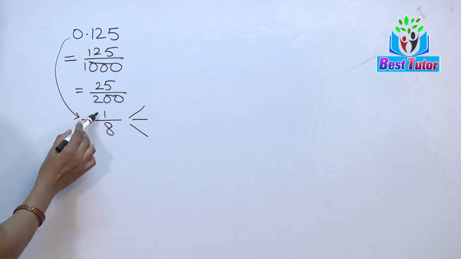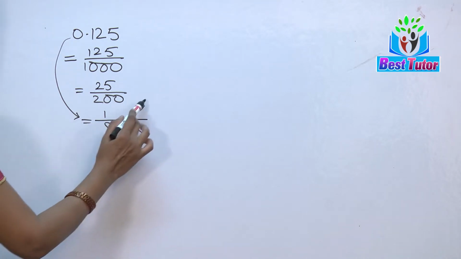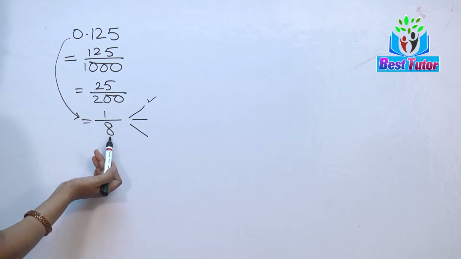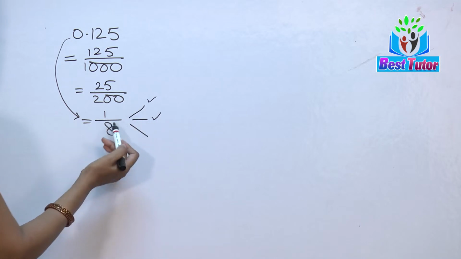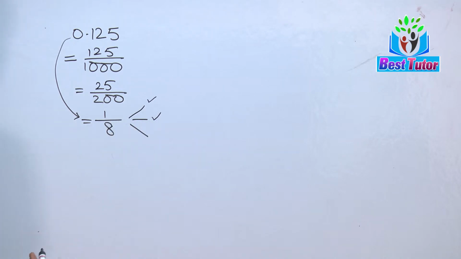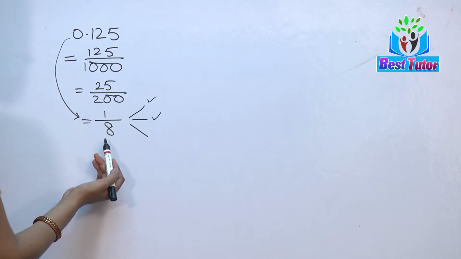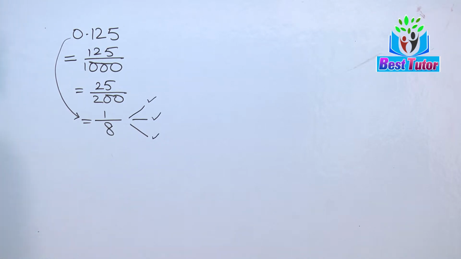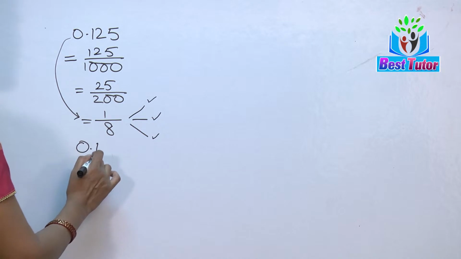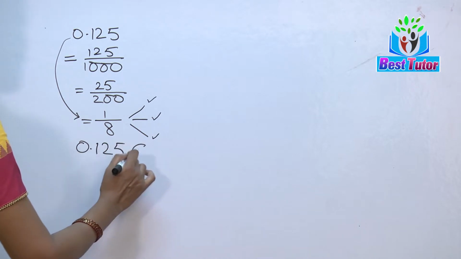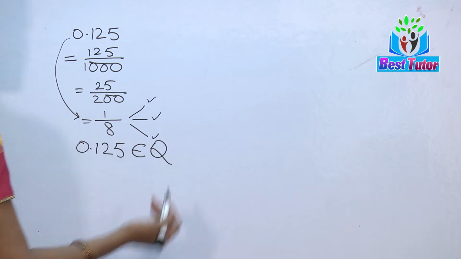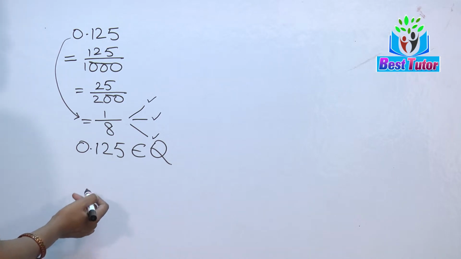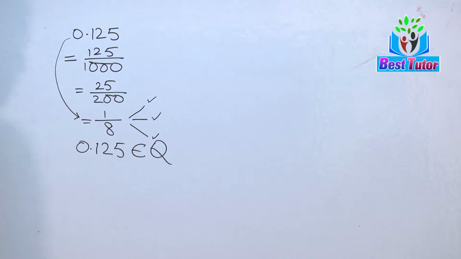The first one, it should be in the form of a fraction p by q. Yes, done. The second one, both the numerator and denominator should be integers. 1 and 8 both are integers. And the third one, the denominator should never be equal to 0, and 8 is not equal to 0. So 1 by 8 is a rational number. Hence, we have proved that 0.125 is a rational number. This shows that all terminating decimals are rational numbers.